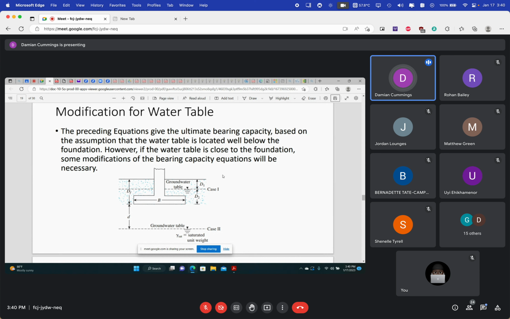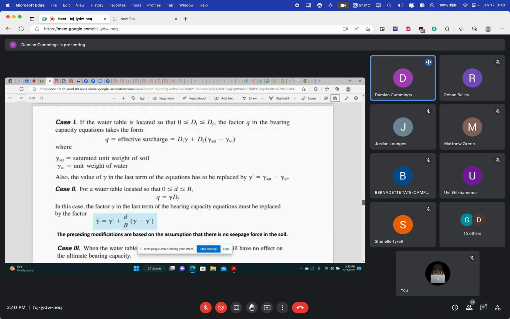Good. So in the first case, the foundation is actually situated in a saturated soil. In the second case, our foundation is situated in dry soil and the water table is some distance d below our foundation. Good.